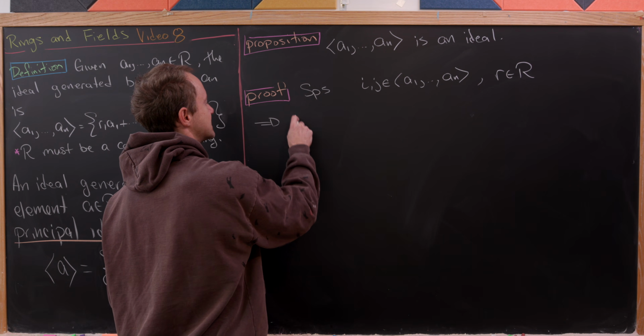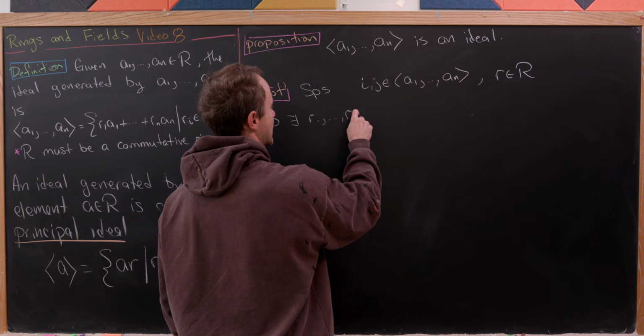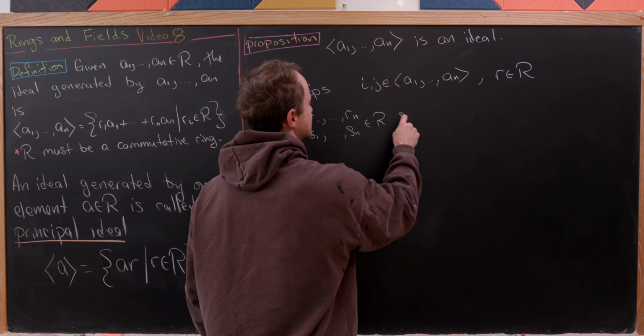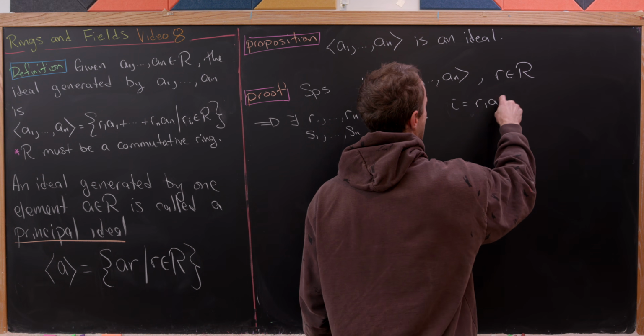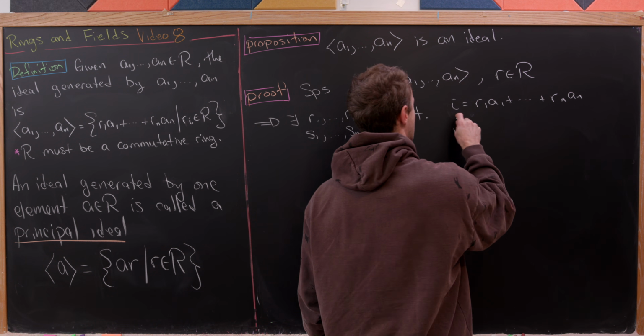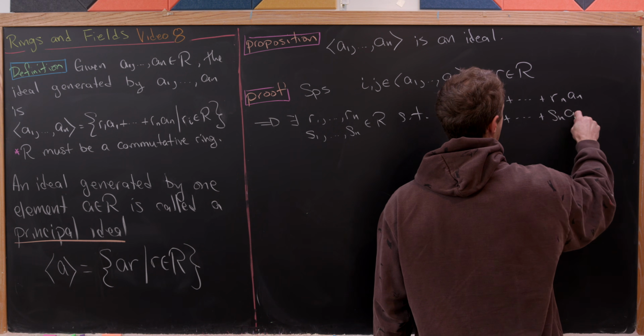Well, that tells us that there exist elements r1 up to rn and s1 up to sn such that we can write i as r1a1 added all the way up to rnan, and we can write j as s1a1 added all the way up to snan.